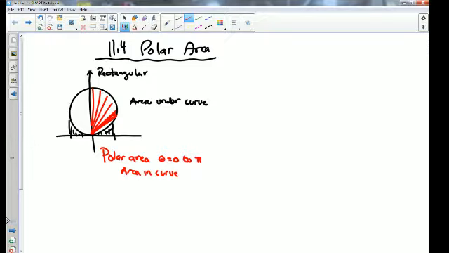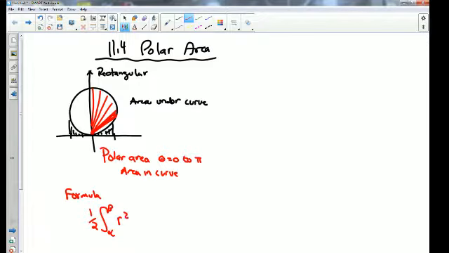The formula. Notice we're in trigonometry terms now, alpha and beta instead of A to B. This distinguishes it from rectangular coordinates.